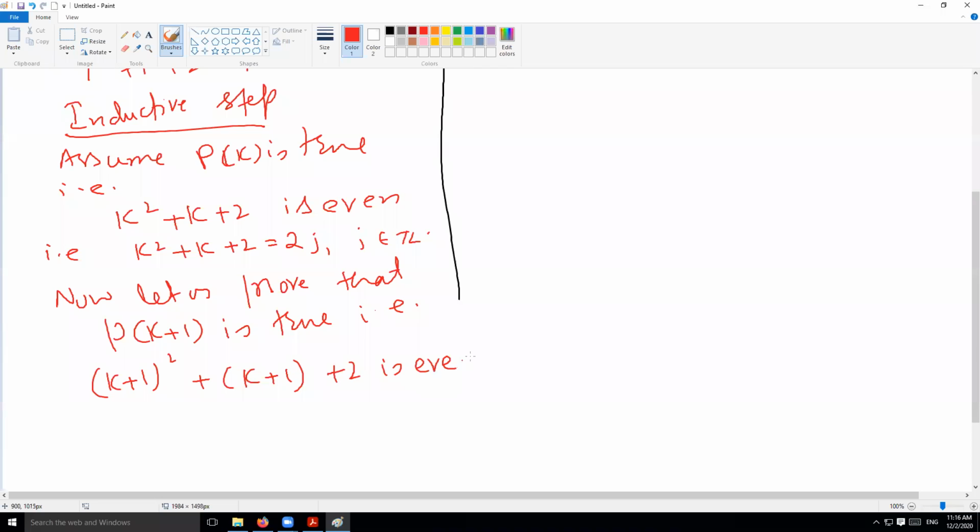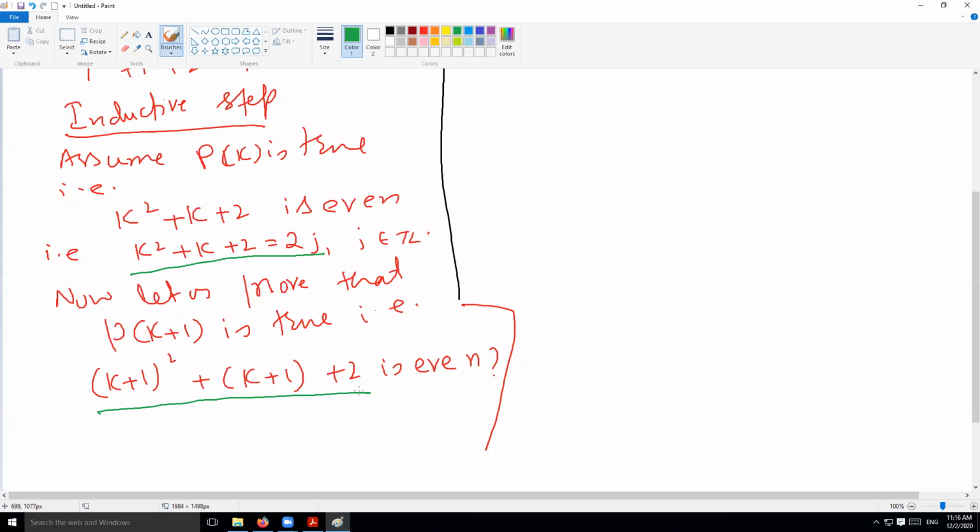That's what we have to prove. And how can I prove that? I have to keep in view that I have to use this fact to prove this fact. So what should I do?